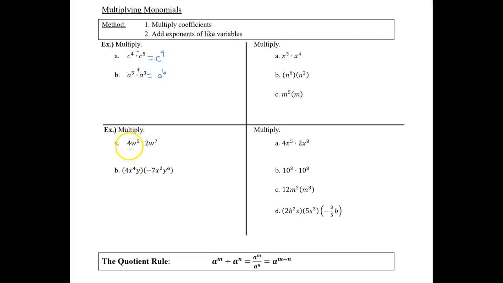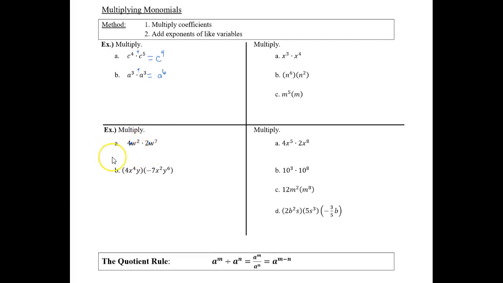What's happening here is I have 4 next to w squared. When a number is next to a variable, the operation is multiply. And this is multiply. So really now it says 4 times w squared times 2 times w to the 7th. Multiplication is commutative, meaning I can multiply in any order I want.